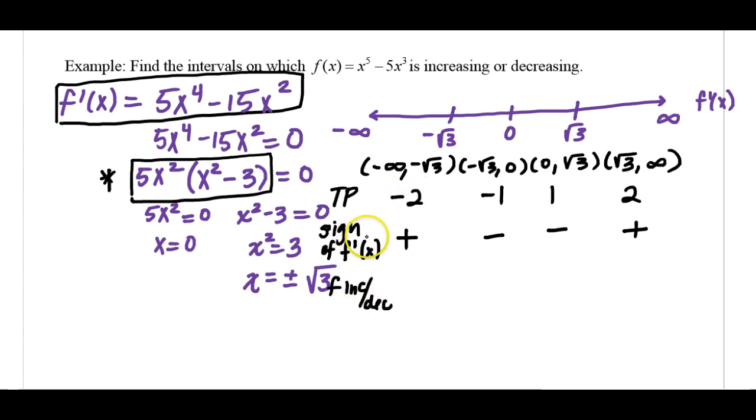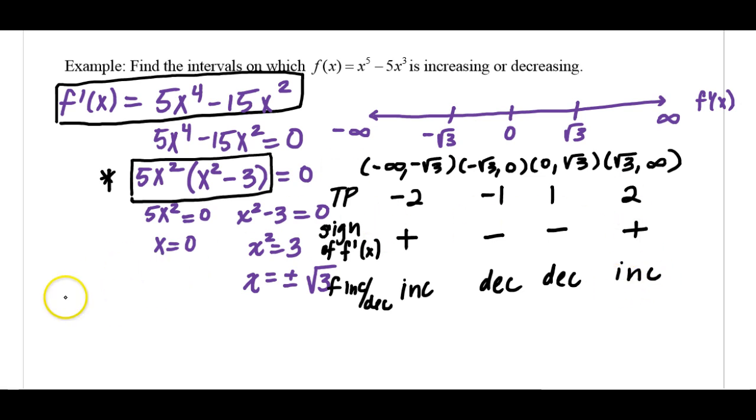So because f prime is positive on this interval, f must be increasing. And on this interval, f must be decreasing. On this interval, because the derivative is negative, f must be decreasing. And because the derivative is positive, f must be increasing.